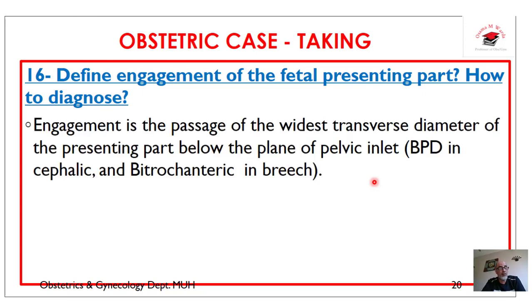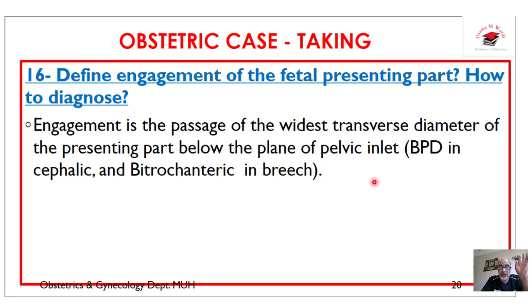This is the engagement. The widest transverse diameter of the head is the biparietal diameter, which is 9.5 centimeters. The widest transverse diameter of the breech is the bitrochanteric diameter, which is 10 centimeters.